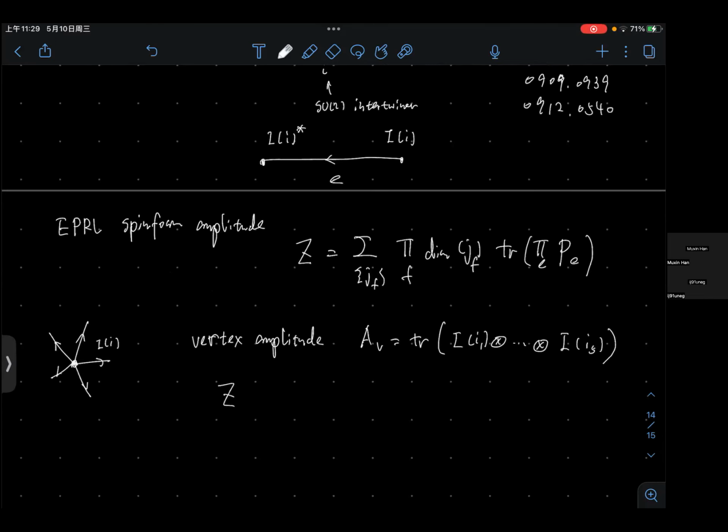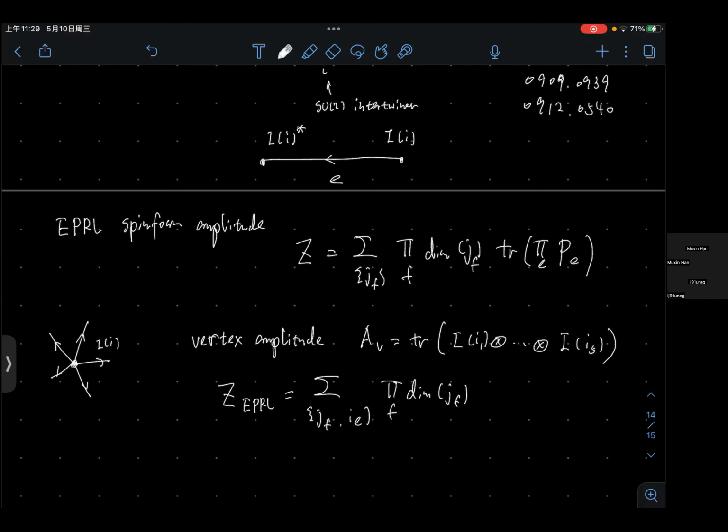And then the EPRL spinfoam amplitude is given by the sum over all the spins on the faces, all the SU2 intertwiners on the edges. There's a face amplitude, but this face amplitude is a choice for EPRL, and there was some discussion on that.